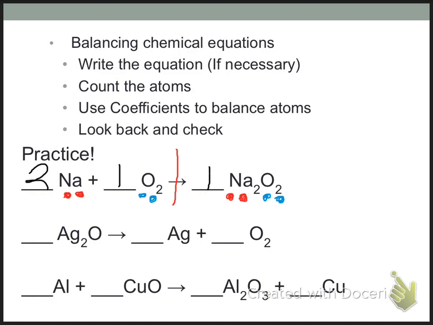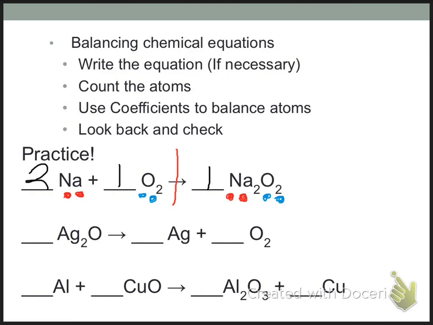These are called coefficients. So my 2, 1, 1 are my coefficients to help balance my atoms. And when I look back, I check to make sure I do have 2 sodiums and 2 oxygens. That's all I needed. Now I'll move on to my next equation.